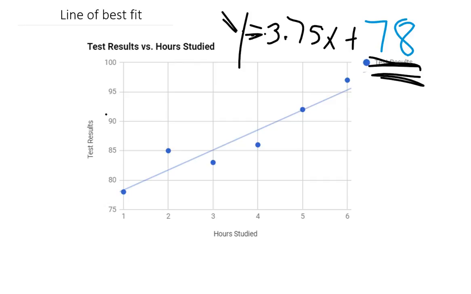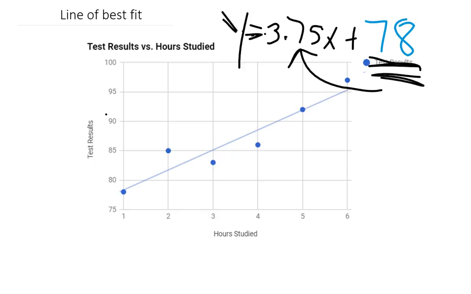And then for every hour that I study on top of that, I can add 3.75 to that. So if I study for 1 hour, it would be 78 plus 3.75, which is 81.75. If I studied for 2 hours, I would do 2 times 3.75 plus 78, and so forth, and so it would continue in that kind of pattern.